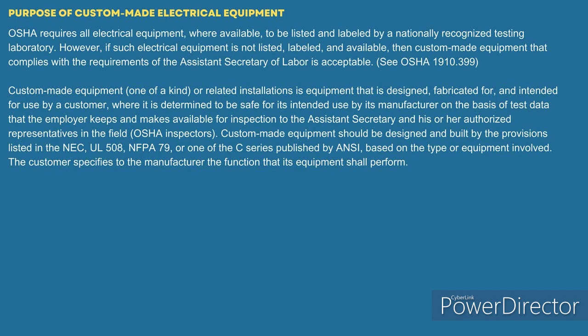Now, if they come in and say no GFCI protection, but yet the custom made equipment, or even my listing and labelings, everything else that's done is based on the NEC and these UL standards and C series, whatever I'm going through, and they say no GFCI protection, but yet it was designed based on the National Electrical Code, where do these members come in and have the right to automatically say, no, you need GFCI protection?